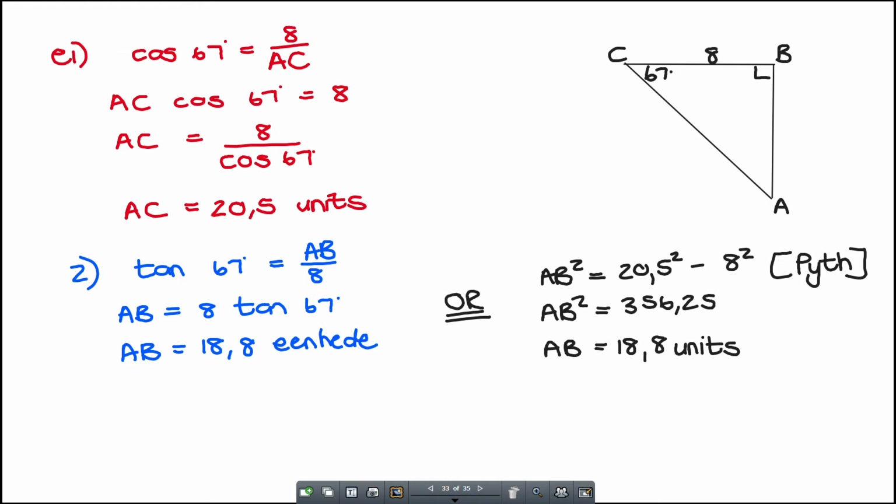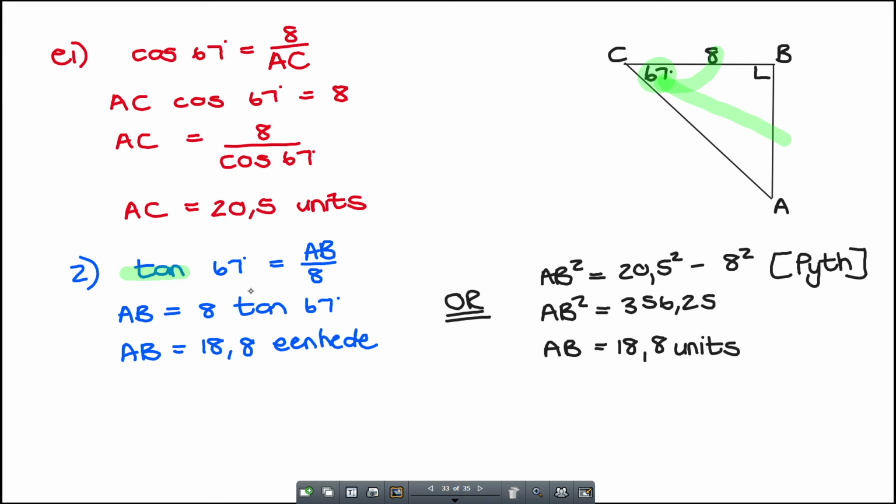Okay. Then at number 2. So any questions at 1? Okay, then at number 2 they told you, now get me AB. Now, I showed you both options here. If I kept on working with this angle, because I'm looking for AB, AB is opposite me, and I have my adjacent. So opposite and adjacent means I'm going to use tan of 67.